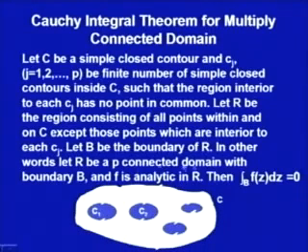This is a multiply connected domain, you see. We do have, for example, these 4 holes, so this is a 4-connected domain, let us say. We have one outer boundary C, and then a finite number of simple closed contours Cj's.